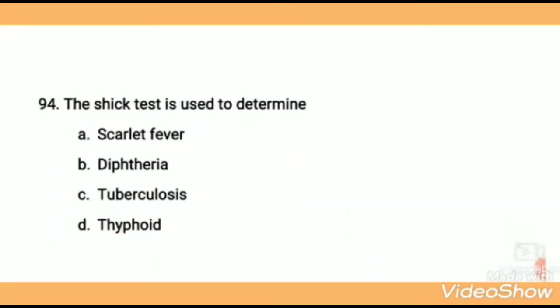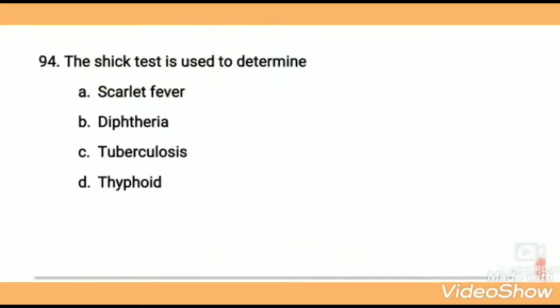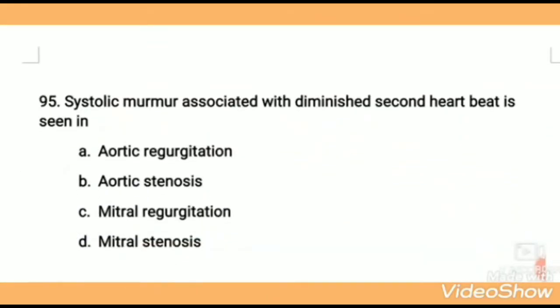The Schick test is used to determine scarlet fever, diphtheria, tuberculosis, or typhoid. The correct answer, the Schick test is used to determine diphtheria. Next question. Systolic murmur associated with diminished second heart sound is seen in aortic regurgitation, aortic stenosis, mitral regurgitation, or mitral stenosis.